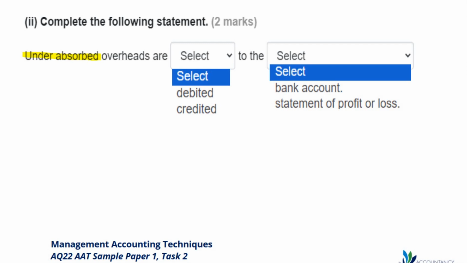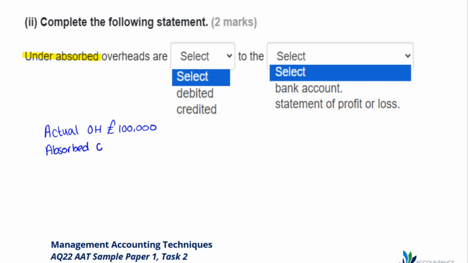So if we have a look at a basic example then, if our actual overheads were 100,000 and our absorbed overheads were 90,000, it means there is £10,000 of overheads that hasn't actually been absorbed.